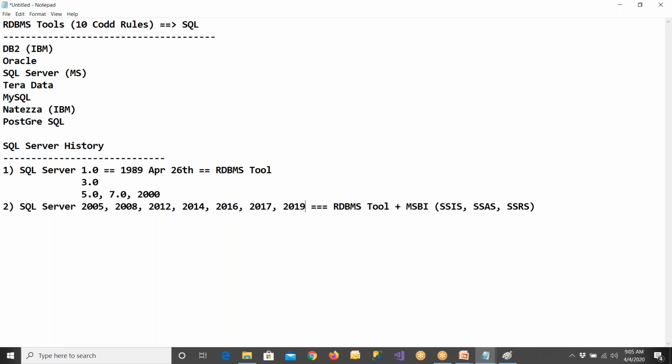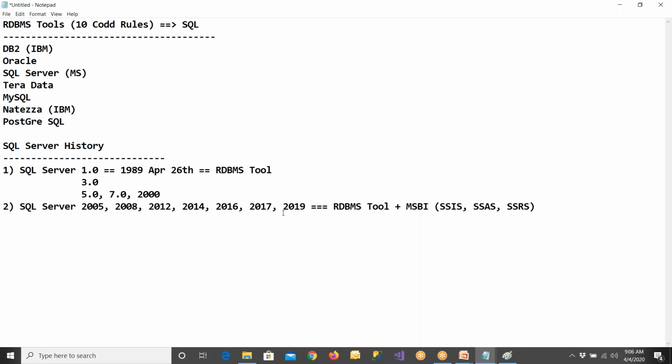The current version is 2019. If you have SQL Server 2019 software, you will get RDBMS plus MSBI installed. SS stands for SQL Server. Remember this, SQL S and S: SQL Server Integration Services, which is ETL software, Analysis Services, and Reporting Services. These are the softwares that you are going to have when you install SQL Server.